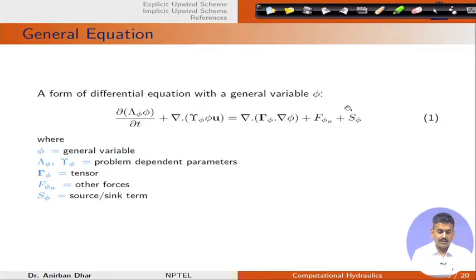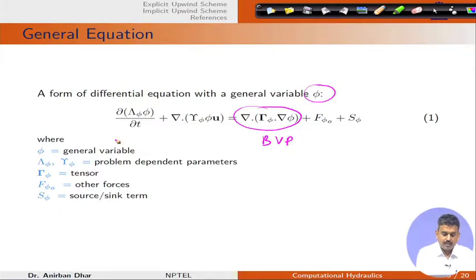Let us consider our general equation with a general variable phi. We have seen that initially with the first term on the right hand side we solved a boundary value problem.